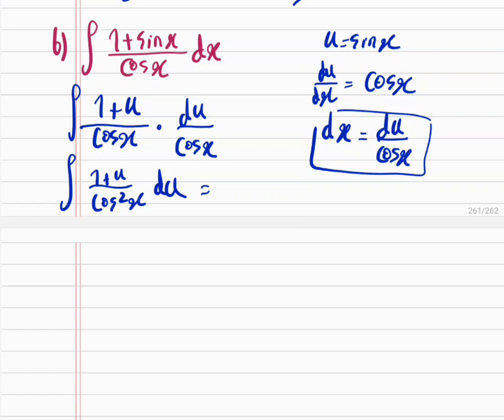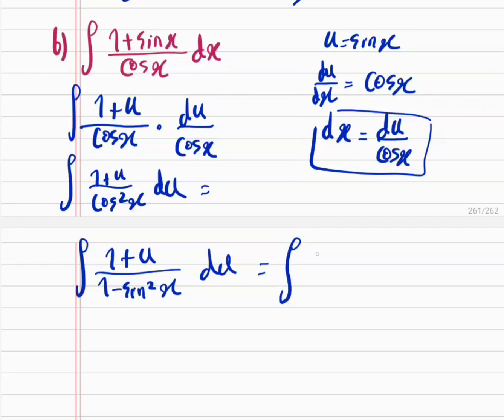It's just a trigonometric identity. So we have (1 plus u) over (1 minus sine squared x) du, and remember that we can substitute u for sine x. Therefore, we get (1 plus u) over (1 minus u squared) du.